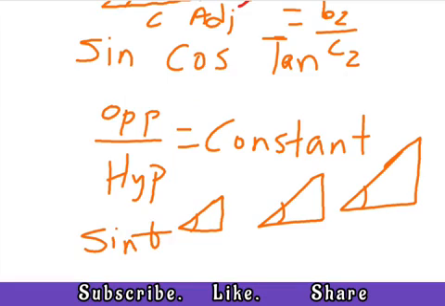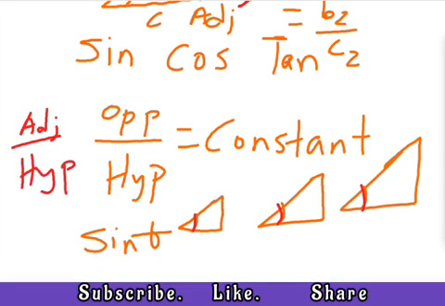And then for cos theta, being that this angle is the angle we are studying, so cos talks about what? Adjacent relating with what? Hypotenuse in a ratio. That is adjacent over hypotenuse. That's cos. Good. Now this adjacent over hypotenuse will always remain constant in as much as the angle is the same.